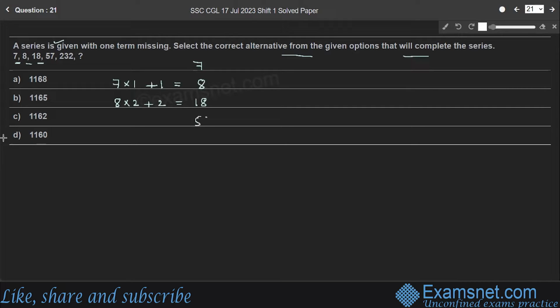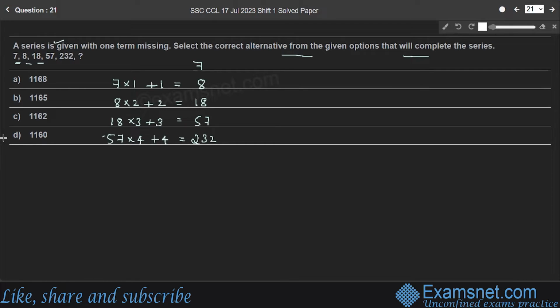The next number is 57. It can be written as its previous number, the third number, into 3 plus 3. So 54 plus 3 is 57. So similarly, the next number is 232. So the fourth number, 57 into 4 plus 4, gives 232. Right?